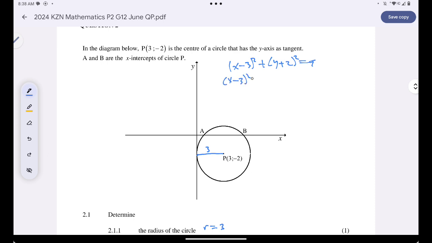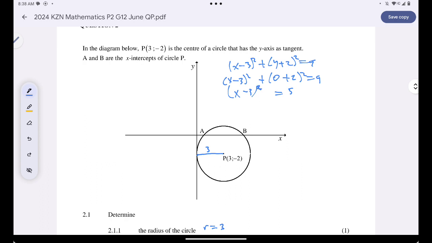X minus 3 squared plus, I'll have a 0 here, plus 2 is equal to 9. So x minus 3 squared is equal to 9 minus 4. 9 minus 4 is equal to 5.